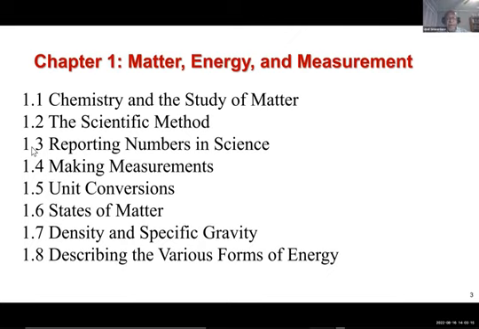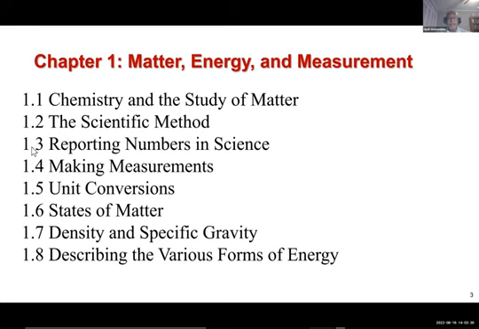Matter also has certain properties. One of them we're going to look at is density. You can identify different materials by measuring density and specific gravity. We're going to talk about that.